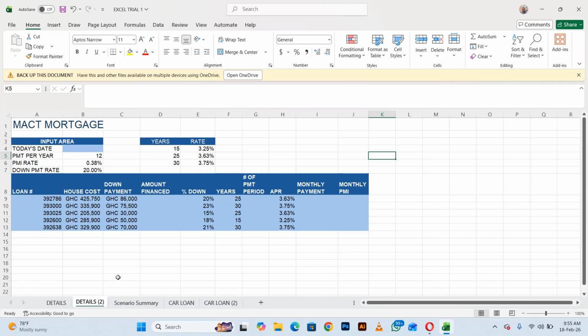Now we are in the second sheet. On the second sheet, what we are going to do is find out one or two things. One is the monthly payment, and we would also be looking for the insurance payment.